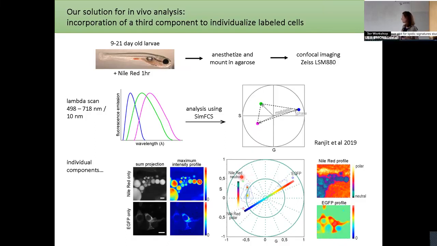And if we analyze only the larva from the fish line, the cells will give rise to pixels within this region. So we have our three components well separated in the phasor plot.